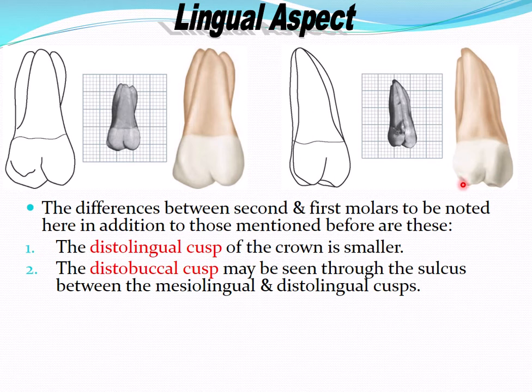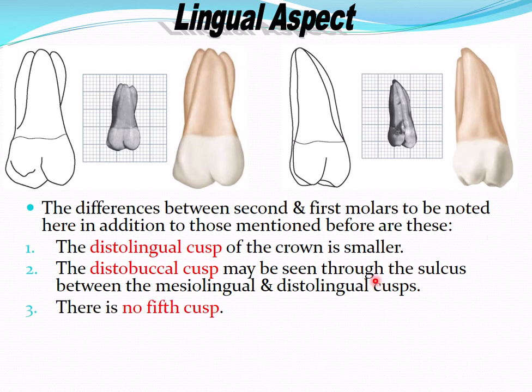The distobucal cusp could be seen أقدر أشوف من lingual aspect منين من السلكس من between these two cusps اللي هي mesiolingual cusp and distolingual cusp. بيناتهم أقدر أباوع من السلكس أقدر أشوف جزء من ال distobucal cusp while here it couldn't be seen. Sorry, the distobucal cusp couldn't be seen in this lingual aspect of the maxillary first molar, while in the maxillary second molar, I can see the distobucal cusp in between or through the sulcus of the mesiolingual cusp and distolingual cusp.